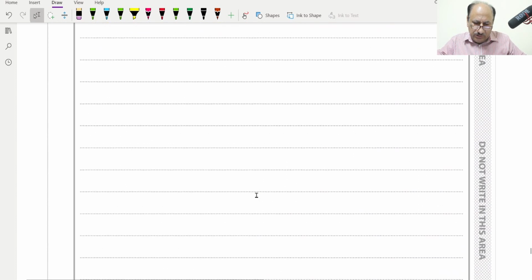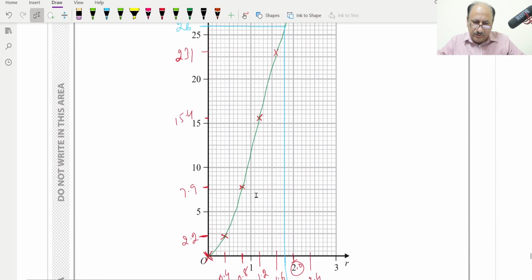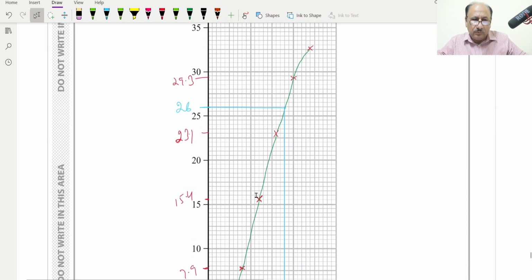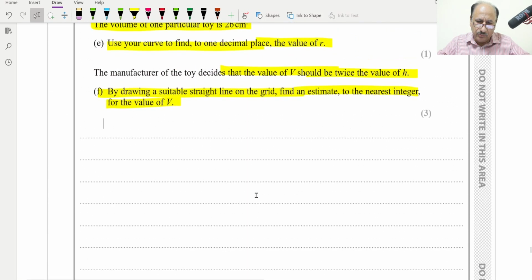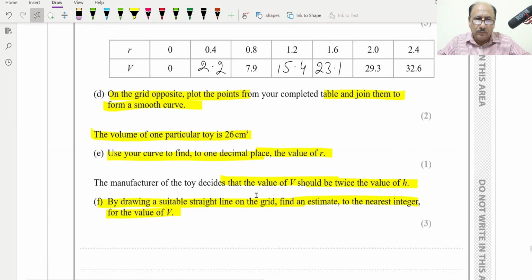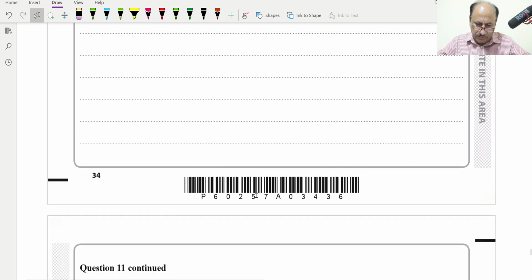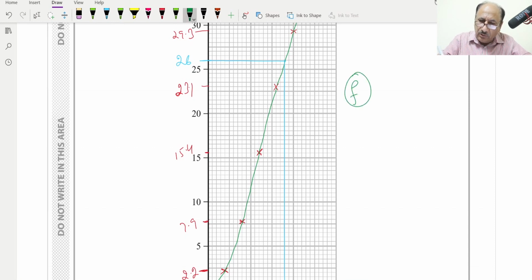So how will we be drawing that line? If we take volume as 30, we know V is equal to what? Basically, the H part we can solve over here.